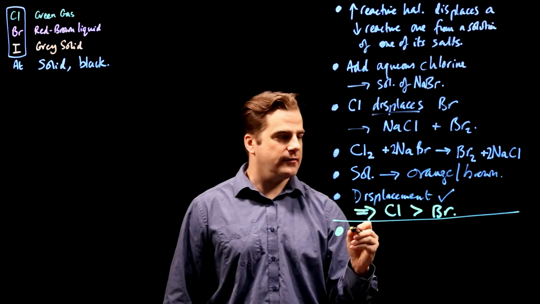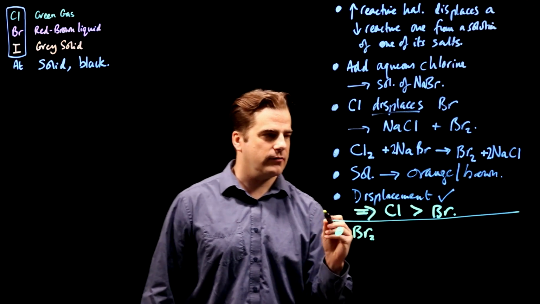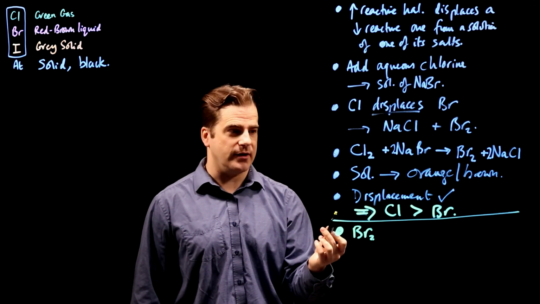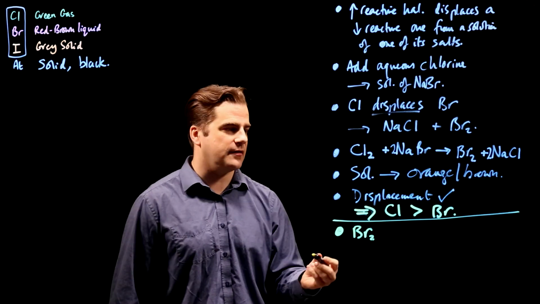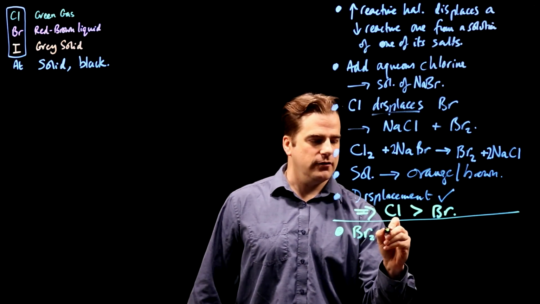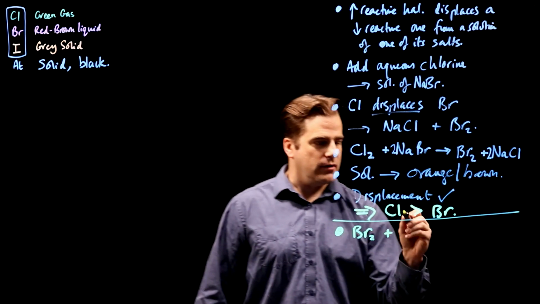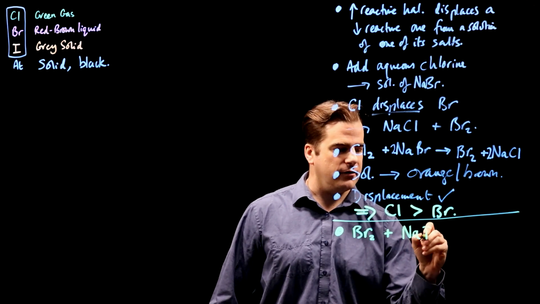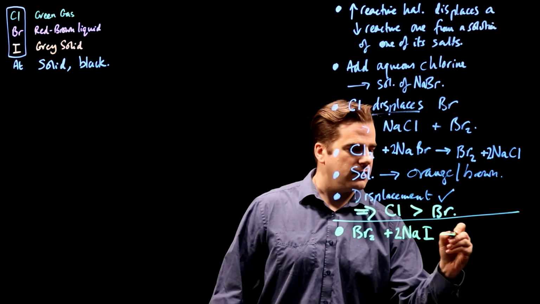So we would add a solution of, or we would add, at room temperature bromine is already a liquid, so you could add pure bromine if you like, or it could be an aqueous solution of bromine, doesn't really matter. So you add Br2 to a solution of sodium iodide, balance it.